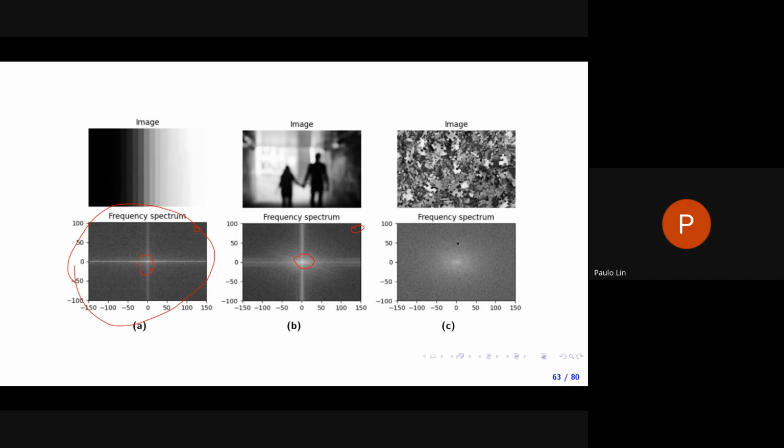So basically, the components are spread all over the spectrum. It's no longer concentrated in a single point, but it covers the whole spectrum. So in this case, we can say that the image presents low frequency components, middle frequency components, and also high frequency components.